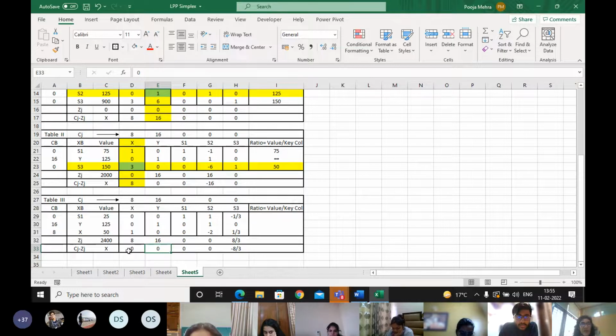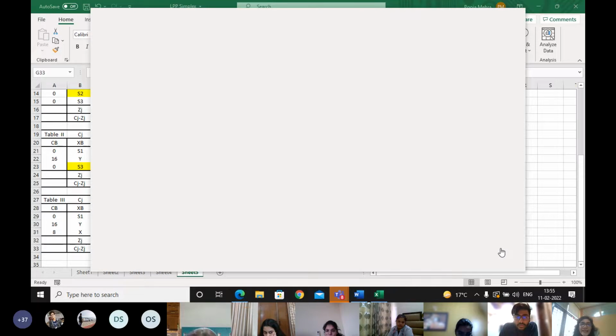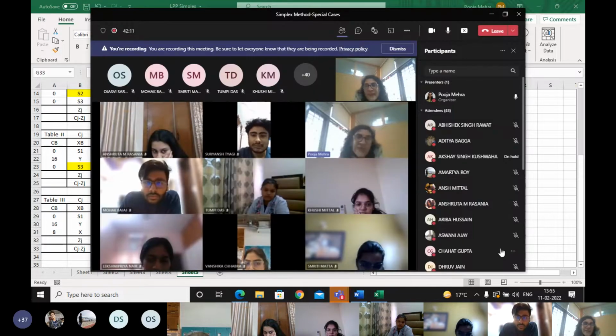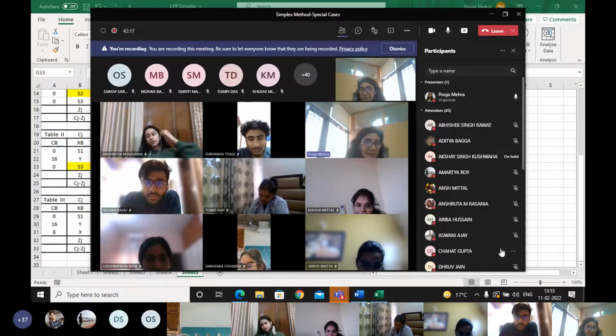So x is 0, y is 0, and s1 is 0. And these two, s2 and s3, are the non-basic variables. If any of the non-basic variables also has a 0 value in the index row, then the problem has multiple optimal solutions in the final table where you got the solution.